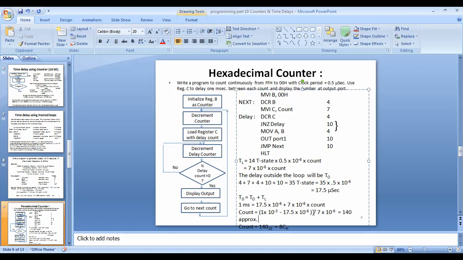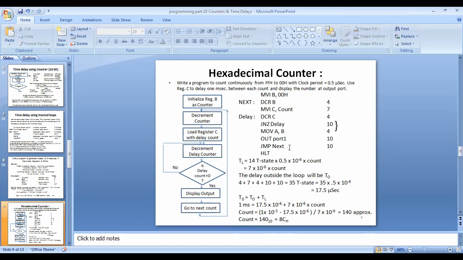So whenever you are calculating, it will be roundabout; it is coming as 140 approximately. And this 140 is the decimal value, and we have to convert this decimal value into the hexadecimal value to find out. So in this way, this is going to work.